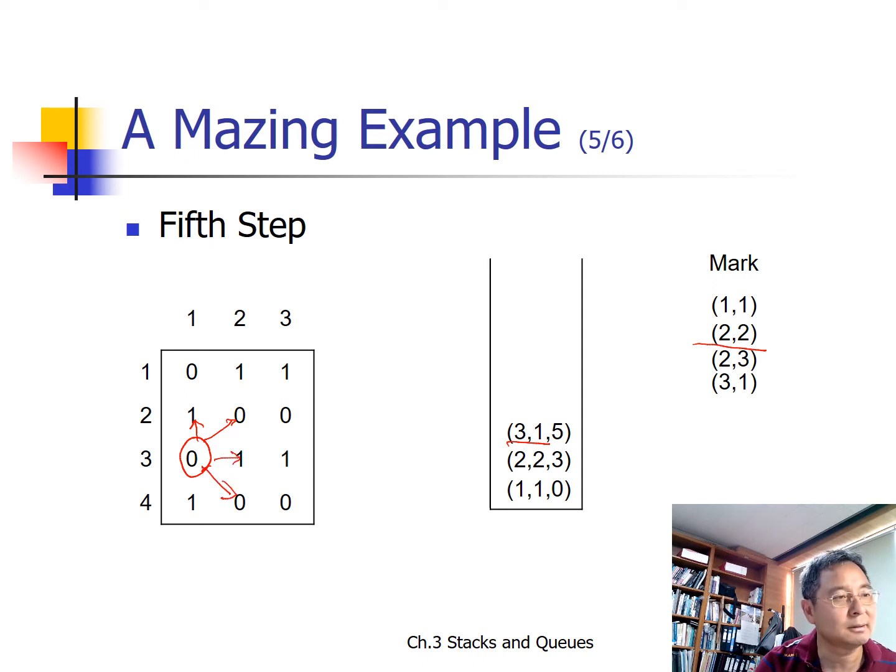Yes, it is possible. So this position is 4, 2. And what is this direction? 0, 1, 2, 3. Yes, direction 3 is used. And also 4, 2 will be stored here. Okay, so that's the next stage.